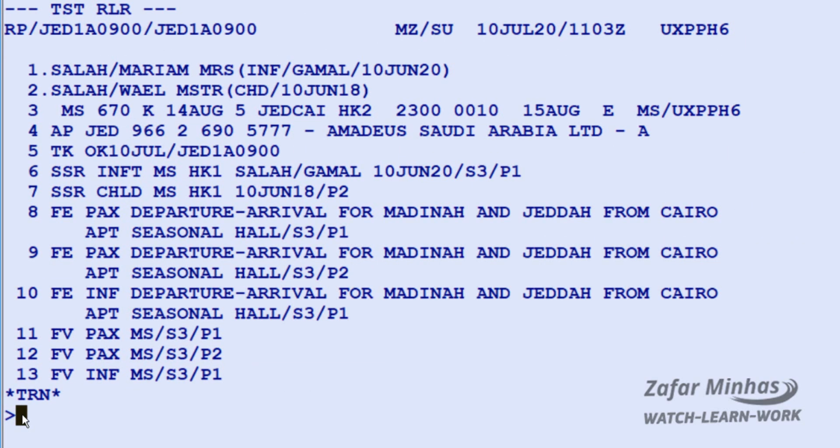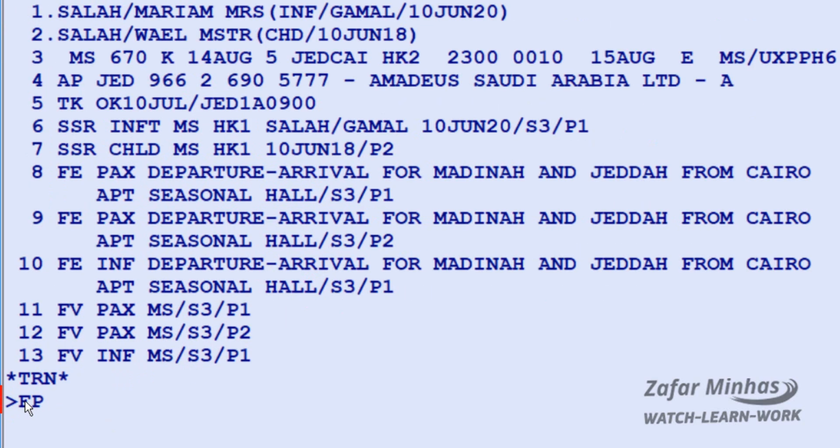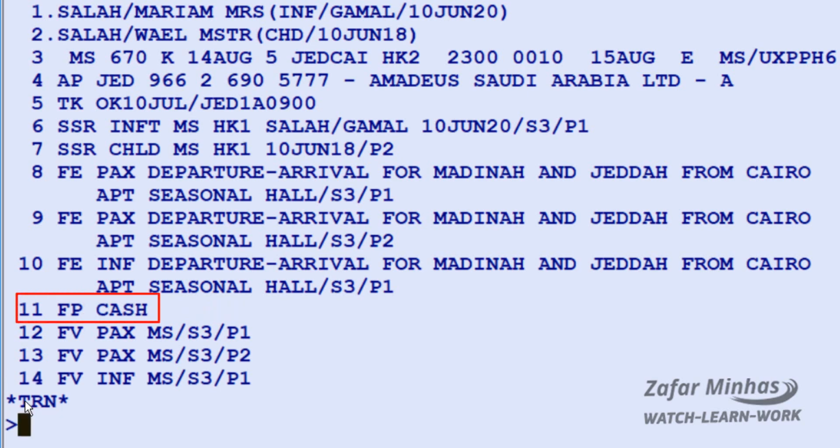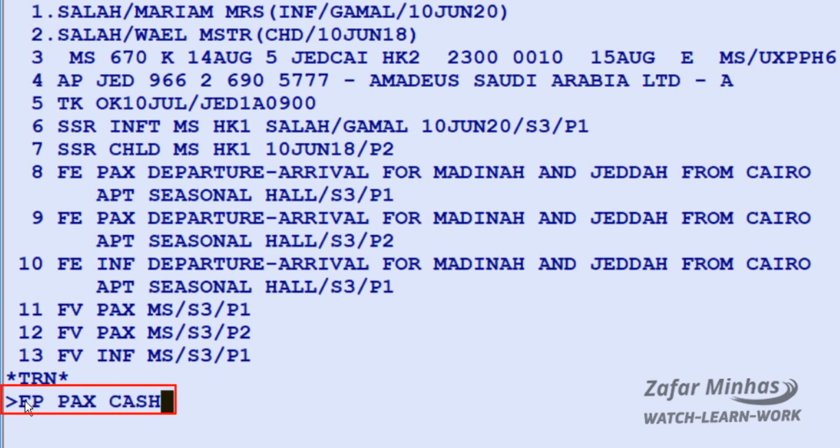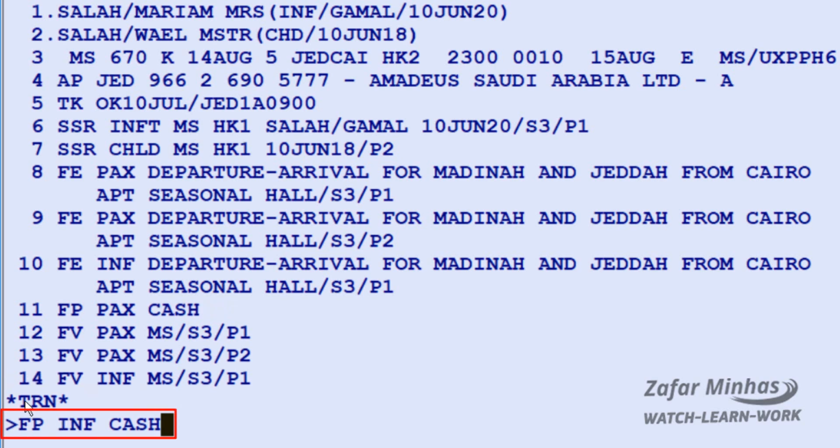You can enter different forms of payment, cash, invoice, non-ref, and so on, as defined for your market and also allowed by the validating carrier. To enter cash form of payment for all passengers in the PNR, use FP form of payment transaction plus cash mode of payment. Enter. Form of payment element has been added. You can also add form of payment for non-infant passengers who have occupied a seat and infant passengers without a seat.